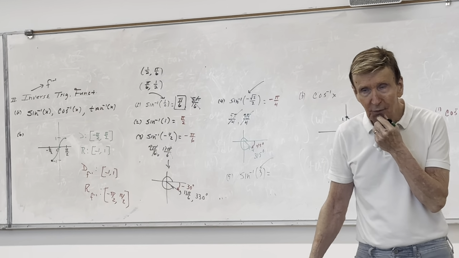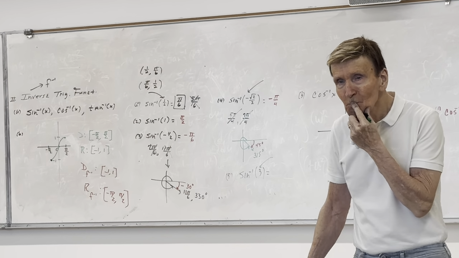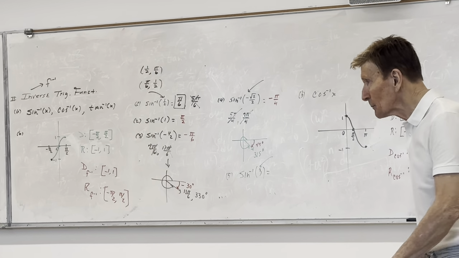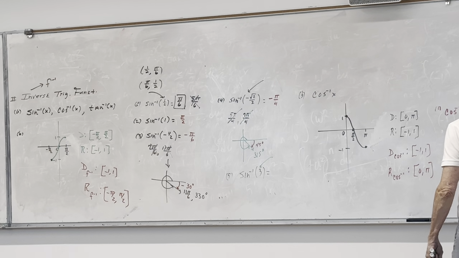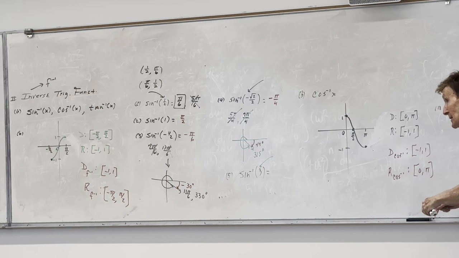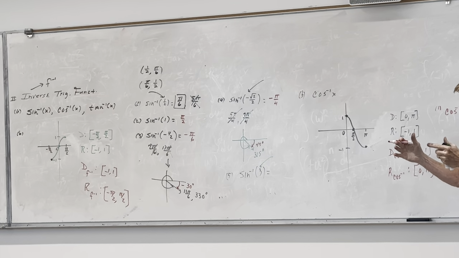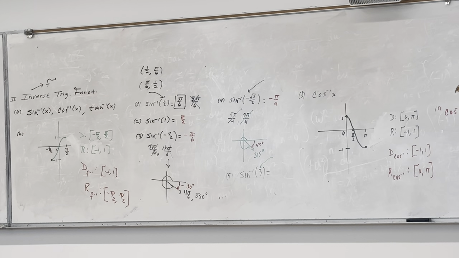Can anyone tell me where that might be? 7 pi over 4, down in quadrant 4. And when you look at your unit circle, those two places will have a cosine of radical 2 over 2.